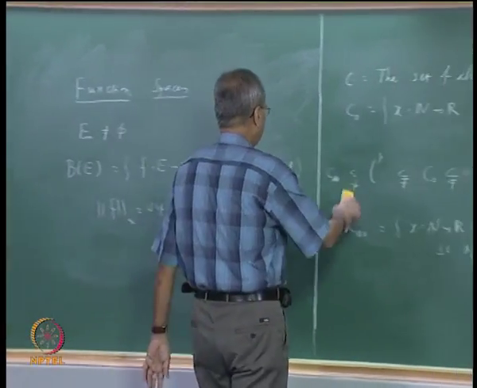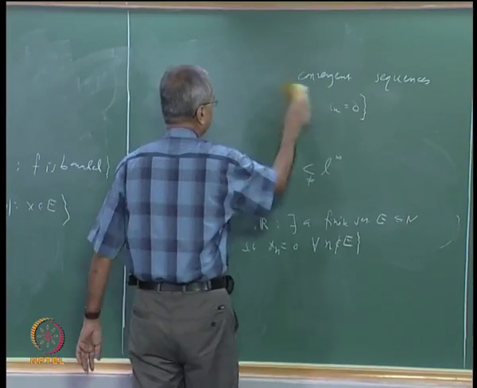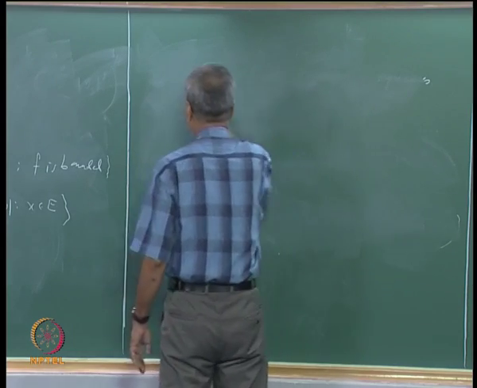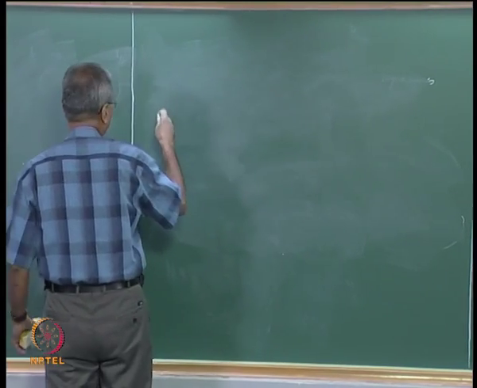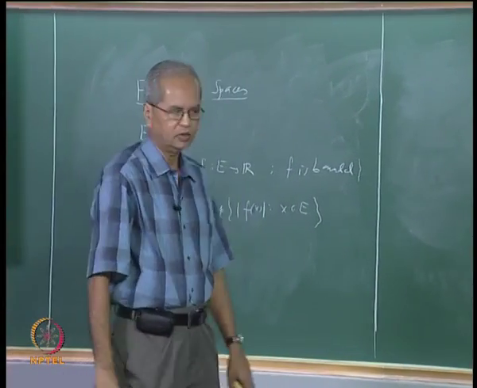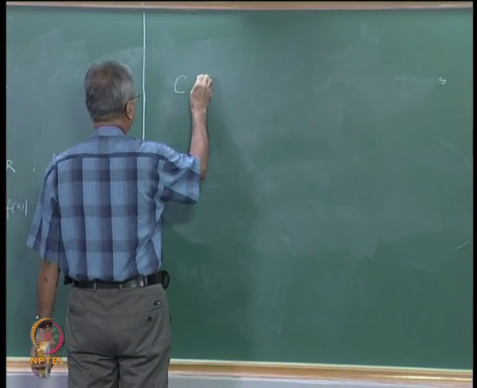Now let me also consider one more case here. Let us assume that you all know what is meant by a continuous function on an interval. Let us take this space which is denoted by C[0,1].